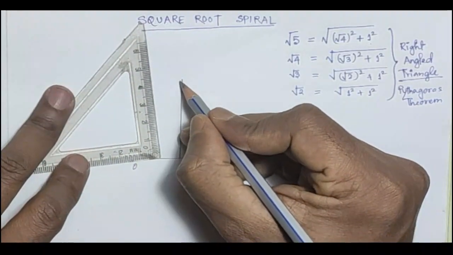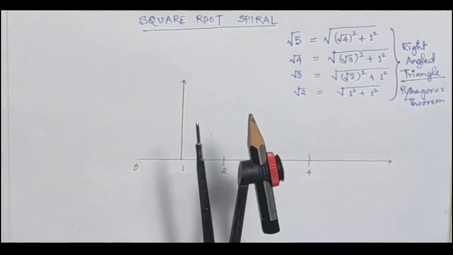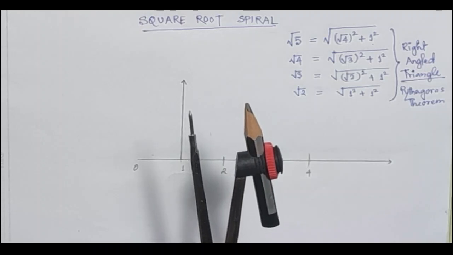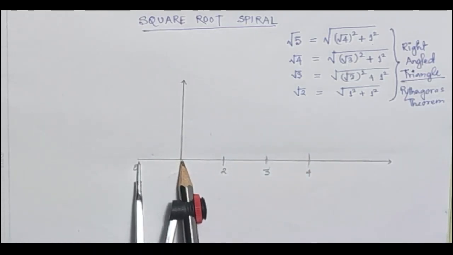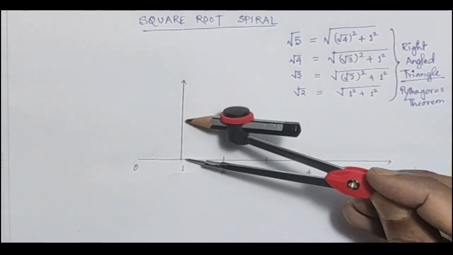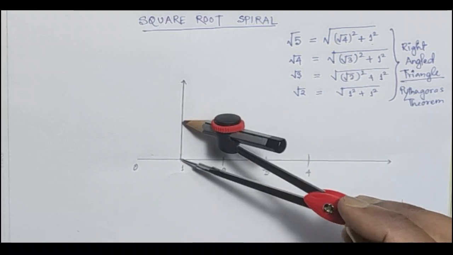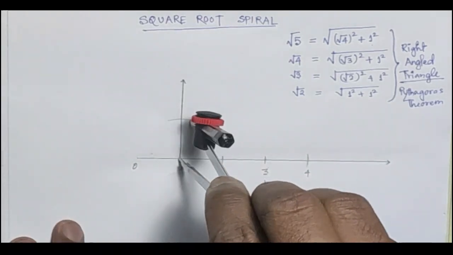This is your perpendicular. The length that we have not changed, which we took earlier for 1 unit, the scale length for 1 unit in the perpendicular, should be the same. So we just mark.